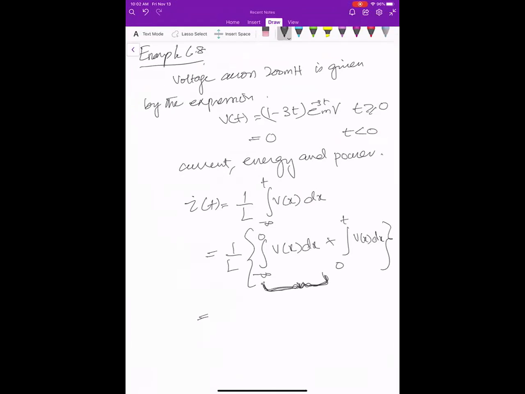If you see these two values, wouldn't that be 0? This part.